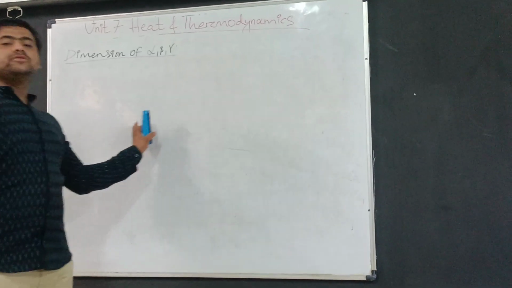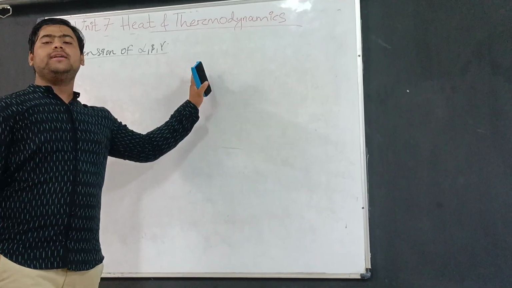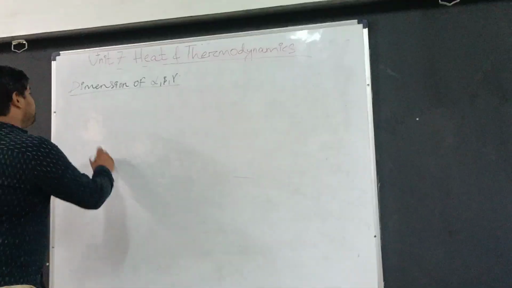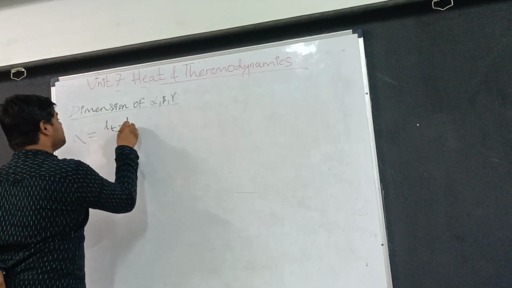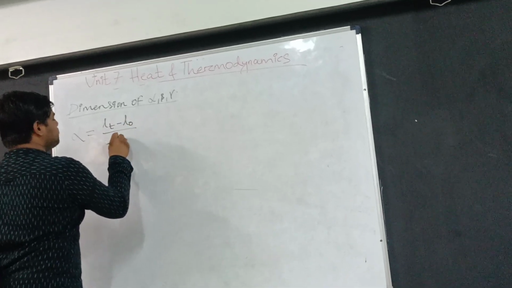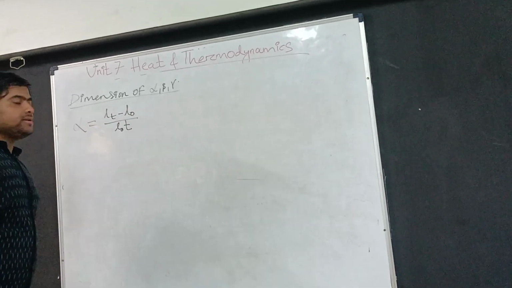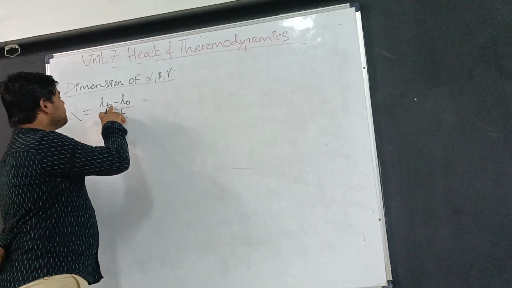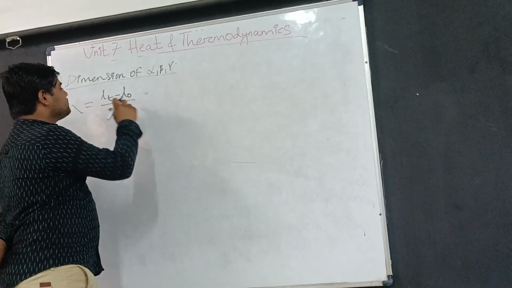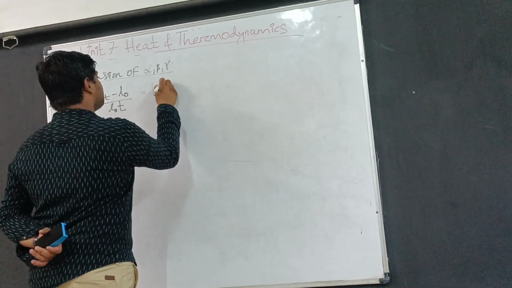Now let us find out the dimension of alpha, beta and gamma. So we have found out the value of alpha is Lt minus L0 upon L0 T. So in the numerator we have the dimension of length, so it will come as L1.